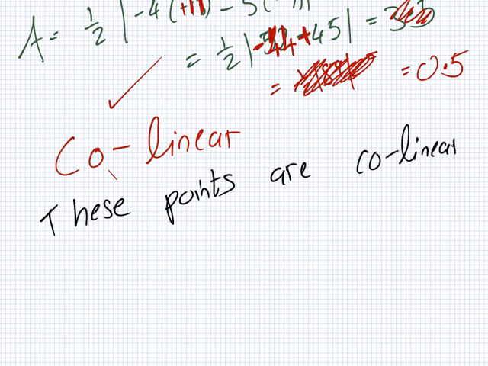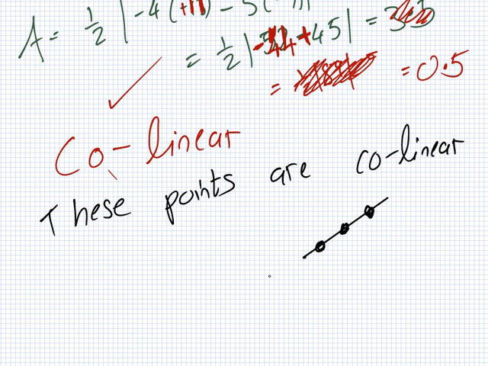Same line, yeah. If I say these points are collinear, what I mean is these points are all on the same line. That's what collinear means.